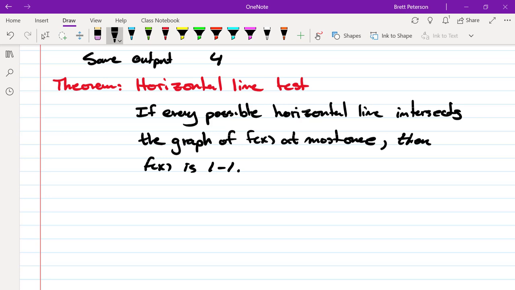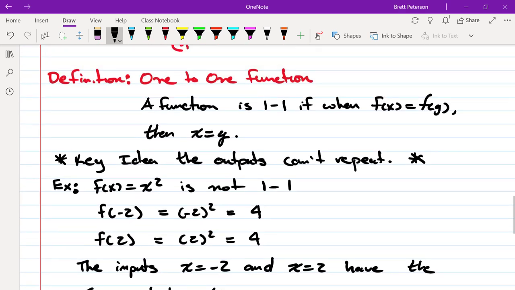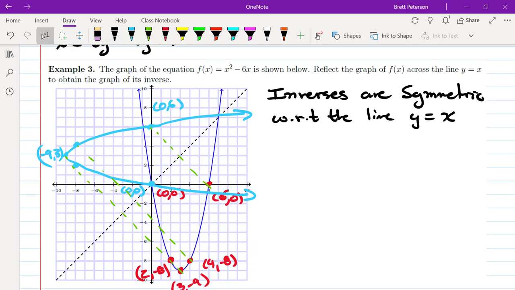All right, so let's keep this definition in mind and let's look back at example 3.